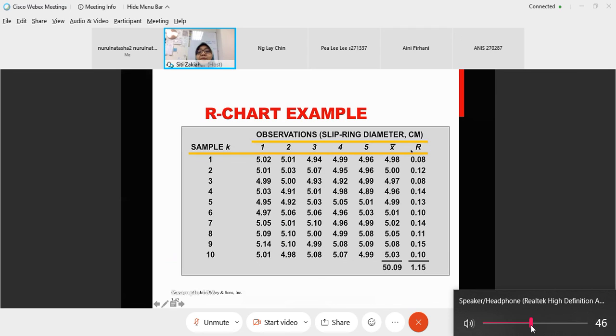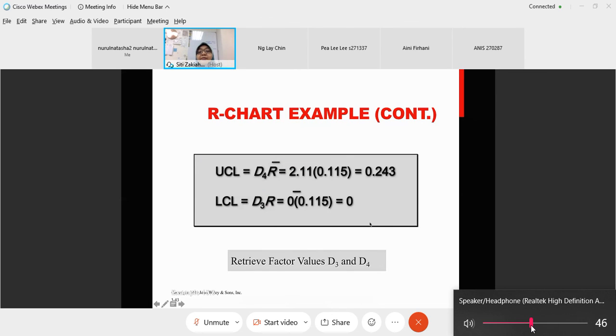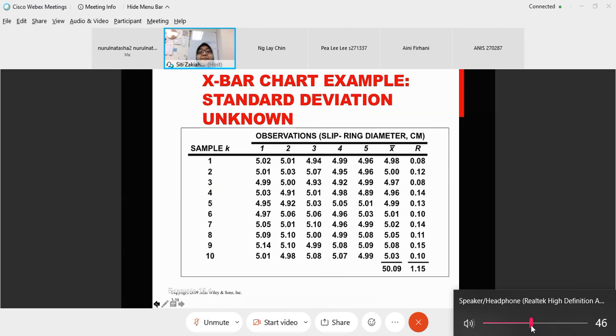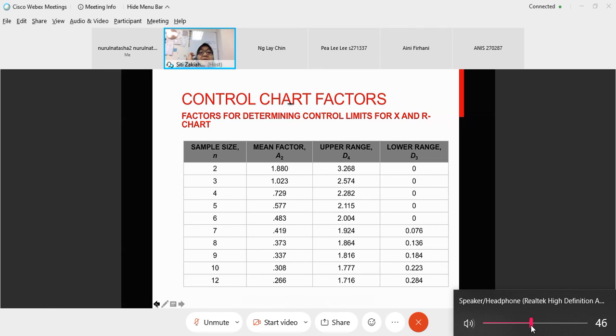So just now we calculated the R bar already. D4 is 2.11, right? I want you to show the table just now. So just now the N is 5, so D4 is 2.11.